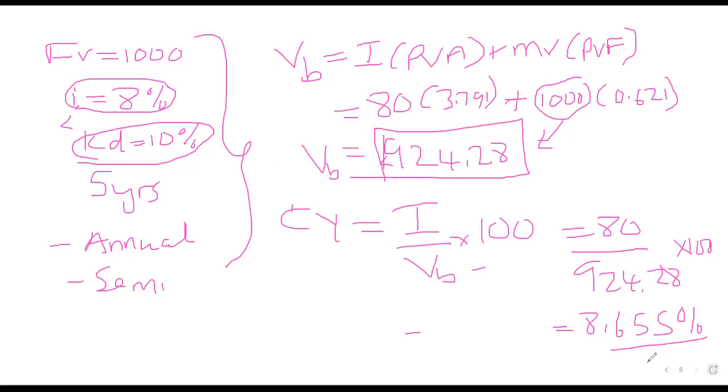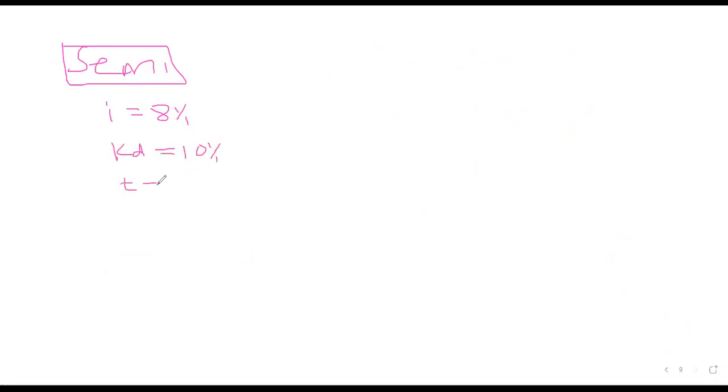All right, then we go to what is called the yield to maturity. Sometimes you may not be given the market rate. But before we go to the yield to maturity, sorry, we said semi-annual bond. Our coupon rate was 8%, our market rate was 10%, and our time was 5 years.